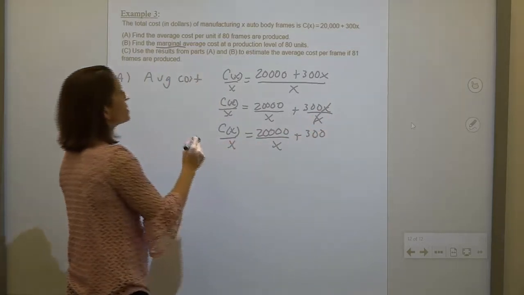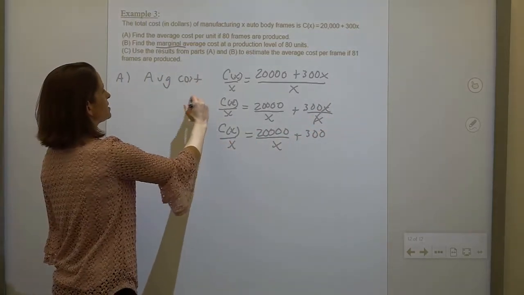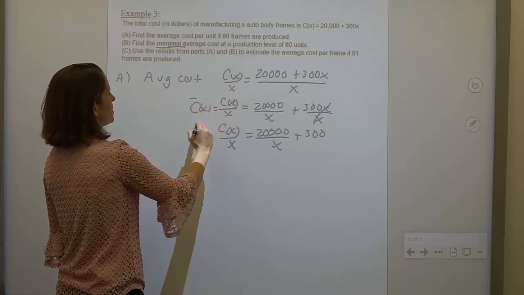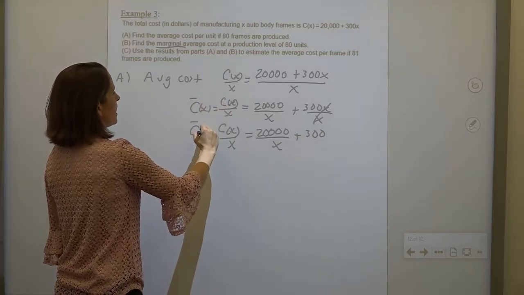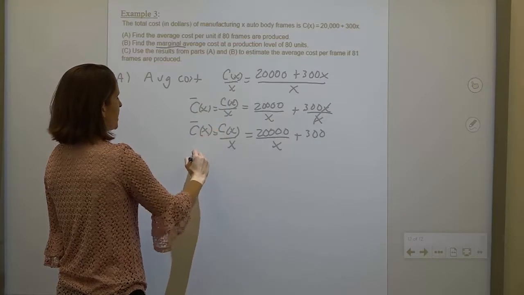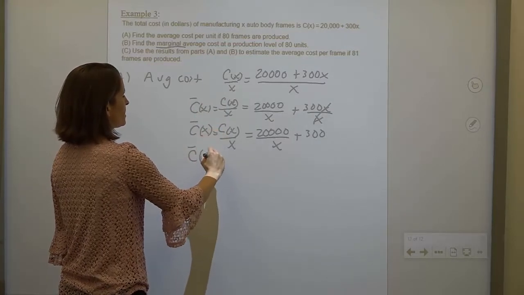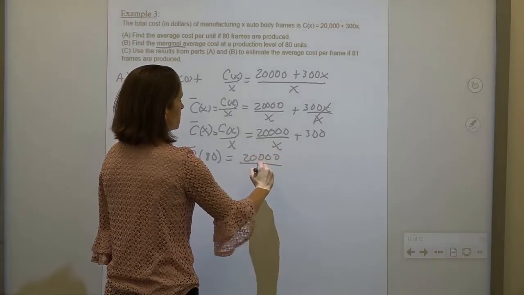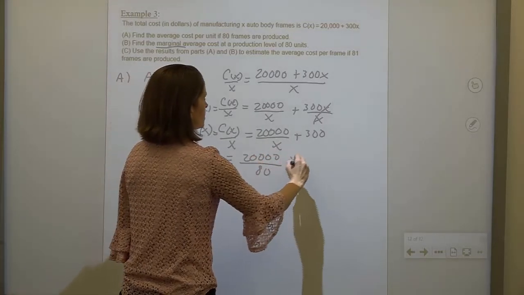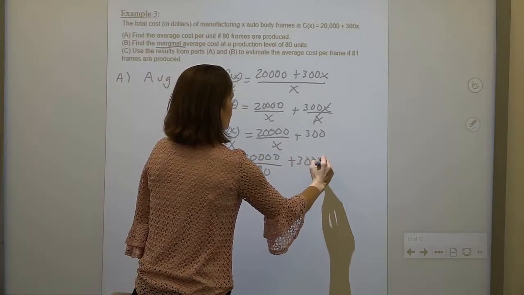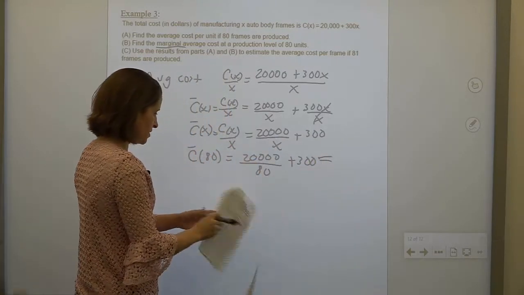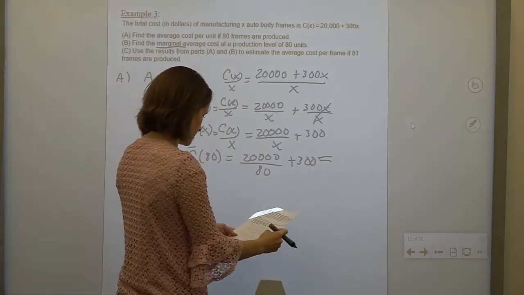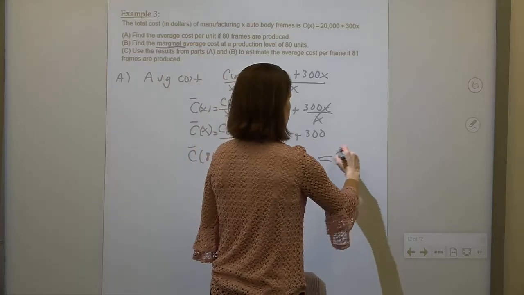And so if I want to know, and I could use this notation too, they mean the same thing. And it just makes it easier if I now want to know about 80. So I would plug 80 in for my X's. And it turns out that that gives us $550.